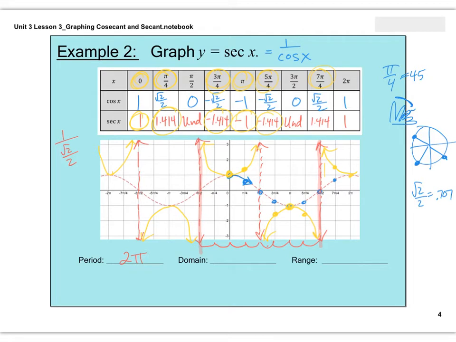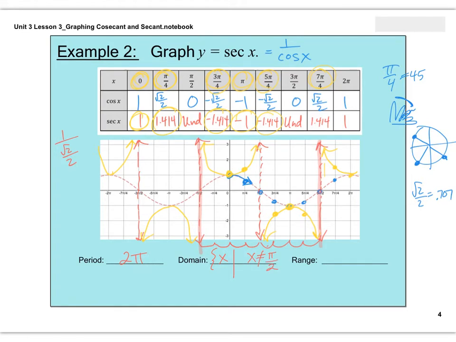The domain, what are the x values? Well, it goes forever to the left, forever to the right. So our domain is all x's such that x cannot equal what? Where are the vertical asymptotes? Well, it seems like they're at pi over 2, right? So every time we hit a pi over 2, we can't have any values, so x can't be at pi over 2.